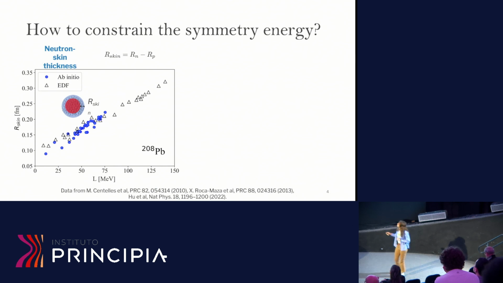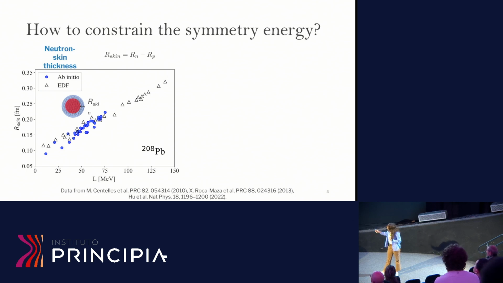The neutron skin thickness is the difference between the radius of the neutron distribution and the radius of the proton distribution inside the nucleus. You see here a picture showing the neutron skin of lead-208 as a function of the slope parameter for different ab initio and energy density functional theory calculations.